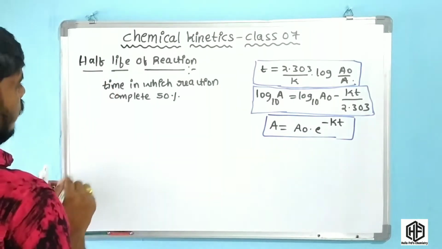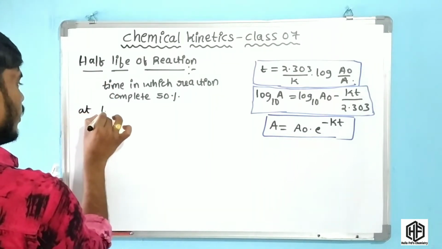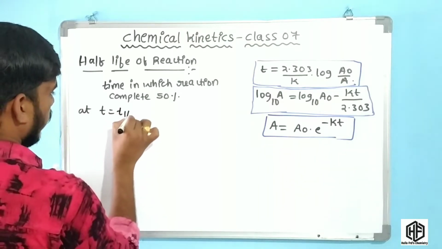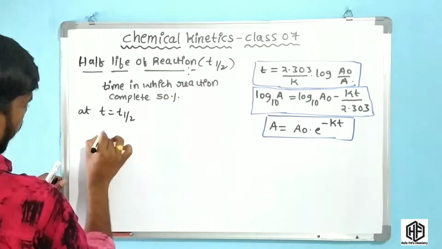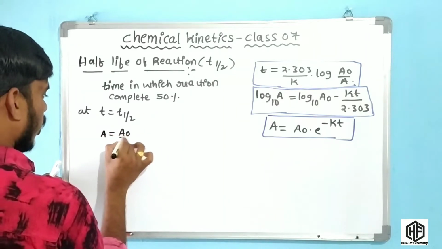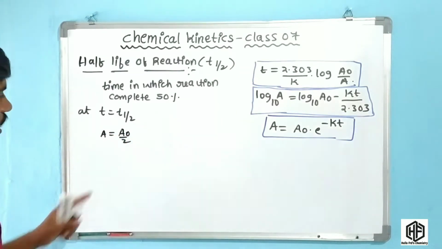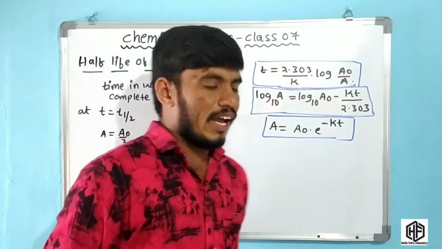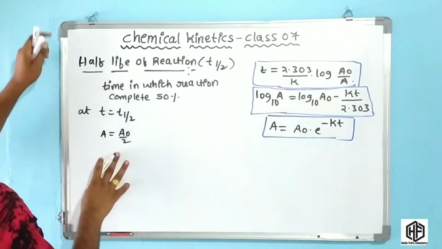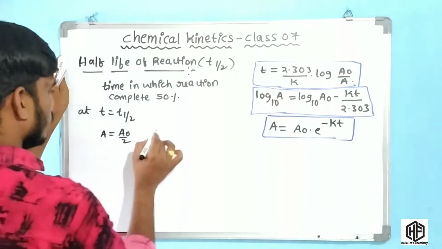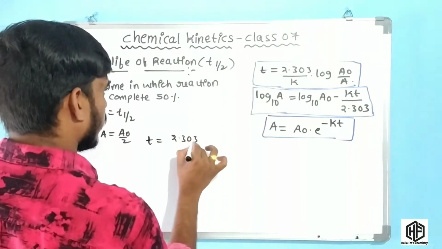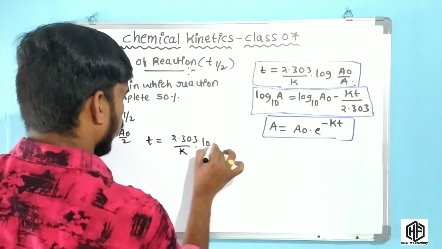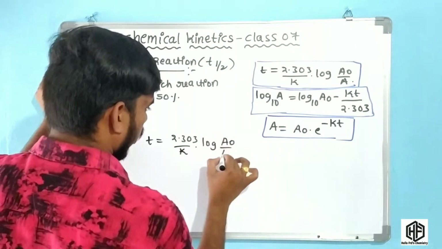Now the half life is represented as t½, where a = a₀/2. Therefore, the remaining concentration is a₀/2. This is the half life. Now t = 2.303/k × log a₀/a.